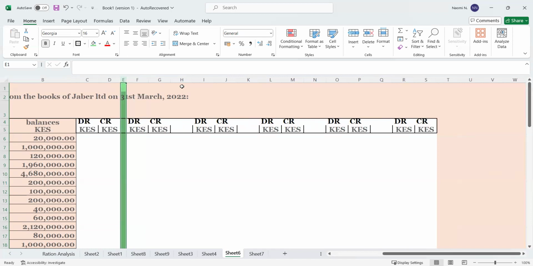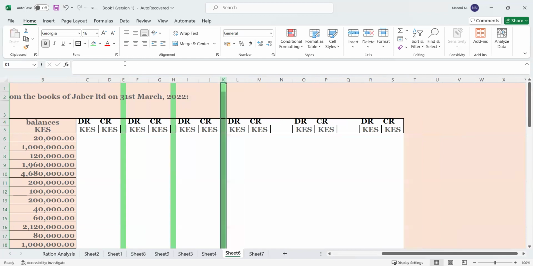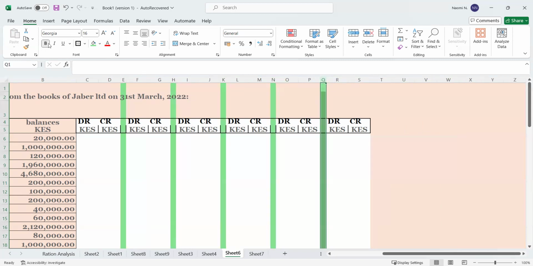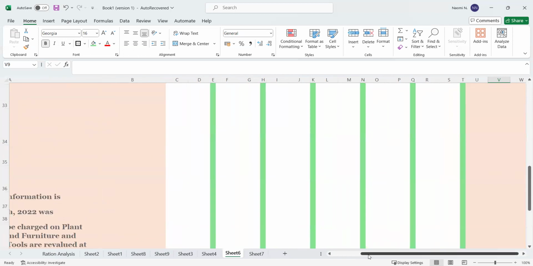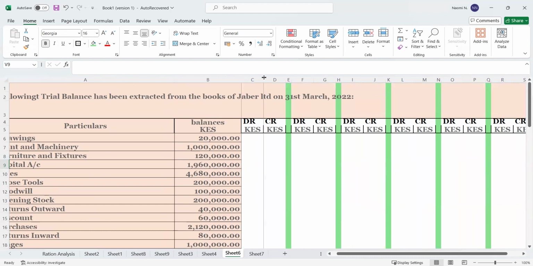Okay, then we come here. So this is what we will have. Not that bad. Yeah, I think it is a bit appealing to the eye.